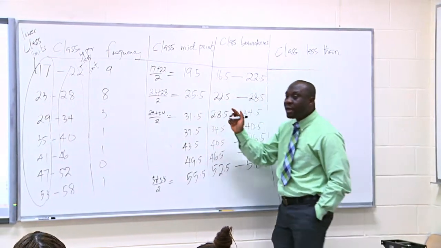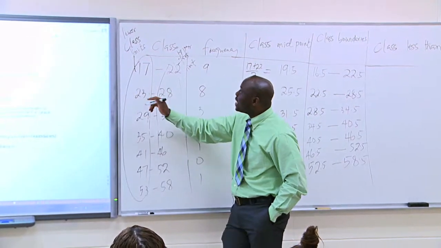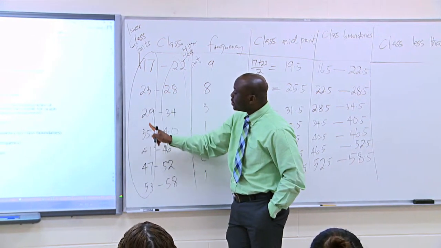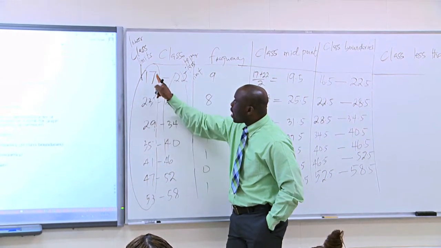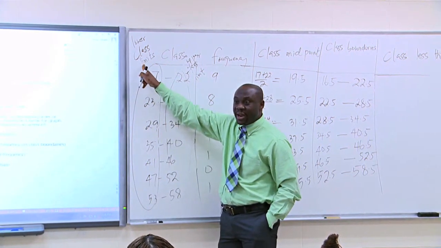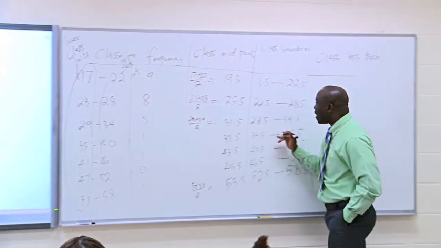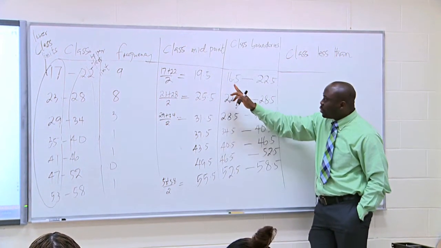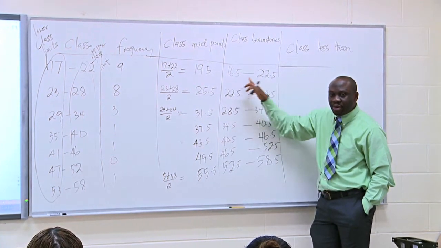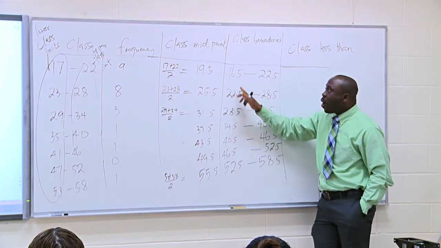Now, if you remember from this class, we said that all the starting, the initial points are called lower class limits, right? So when we come to the boundaries, we can also label that. You see, we have a beginning and an end, start point, end point.